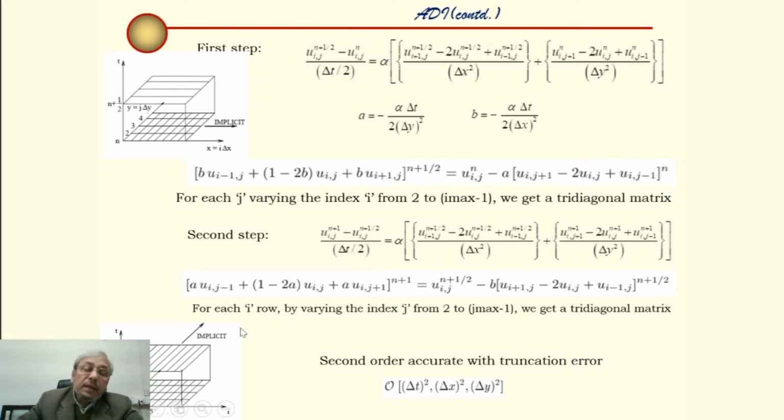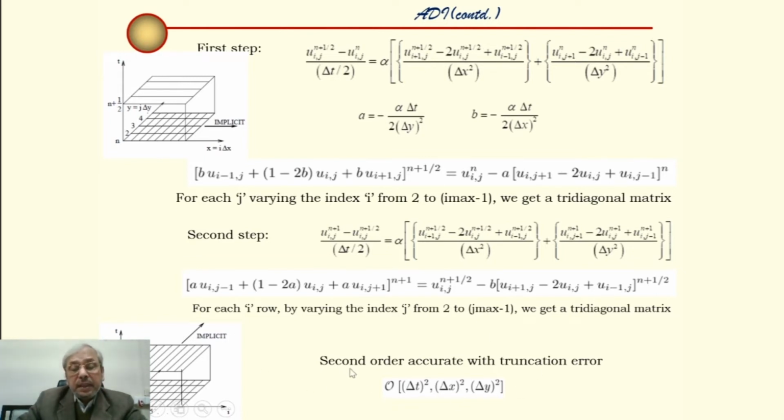So this way, varying i from 1, 2, 3, 4, we'll be able to complete the calculation. And having completed that, we have now come from n plus half to n plus 1. That means we have completed our calculation from nth level to n plus 1th level.